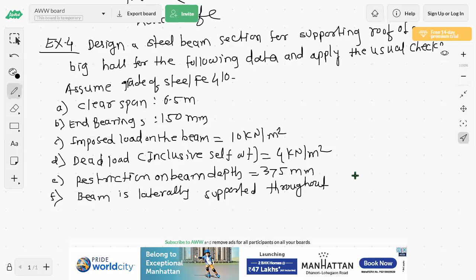Okay, so this is the problem statement they have given. So now we have to design the beam.